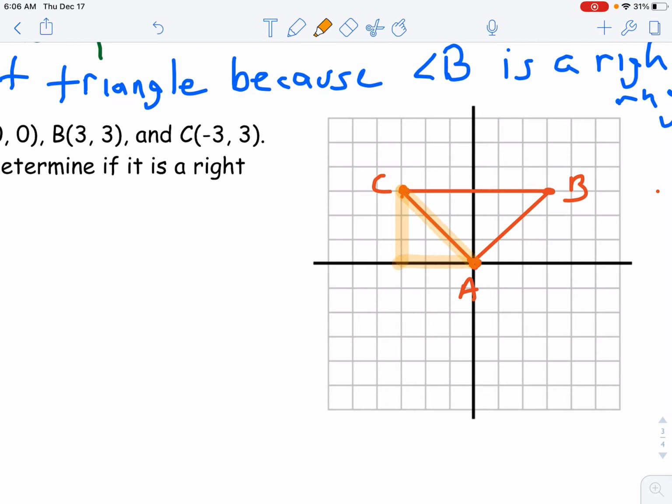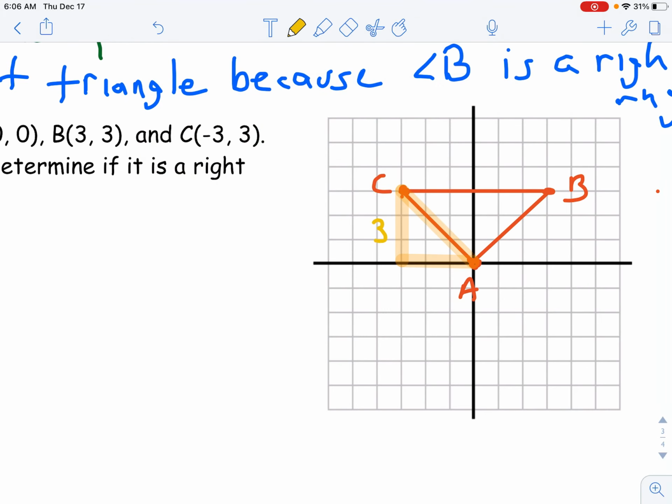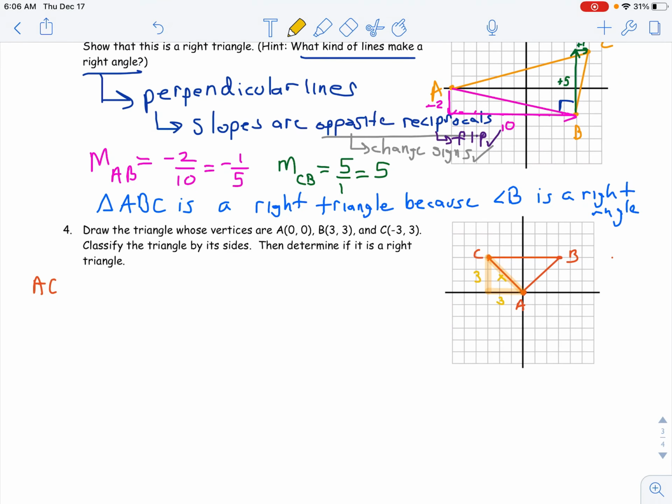We can make this into a right triangle. And I can say, well, we have 3, 3, and I would just call this x. All right. So to find AC, I'm going to say x squared equals, remember we have Pythagorean theorem.